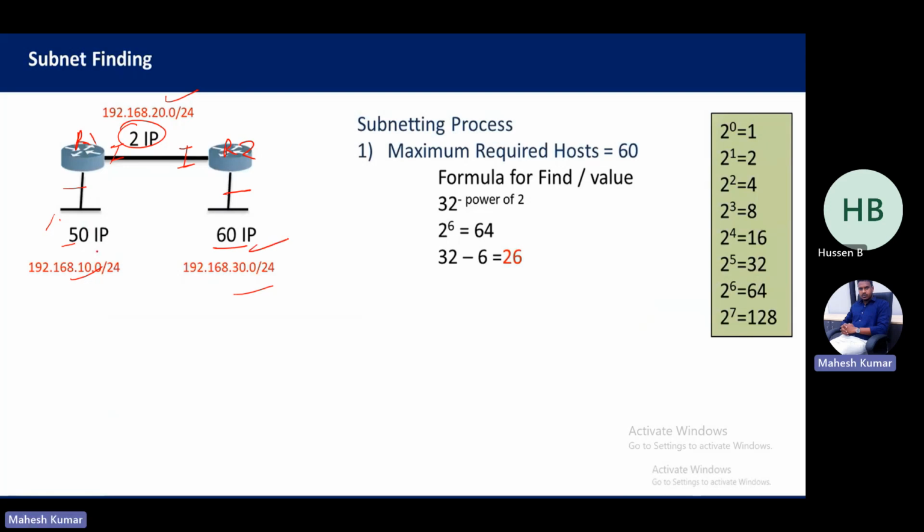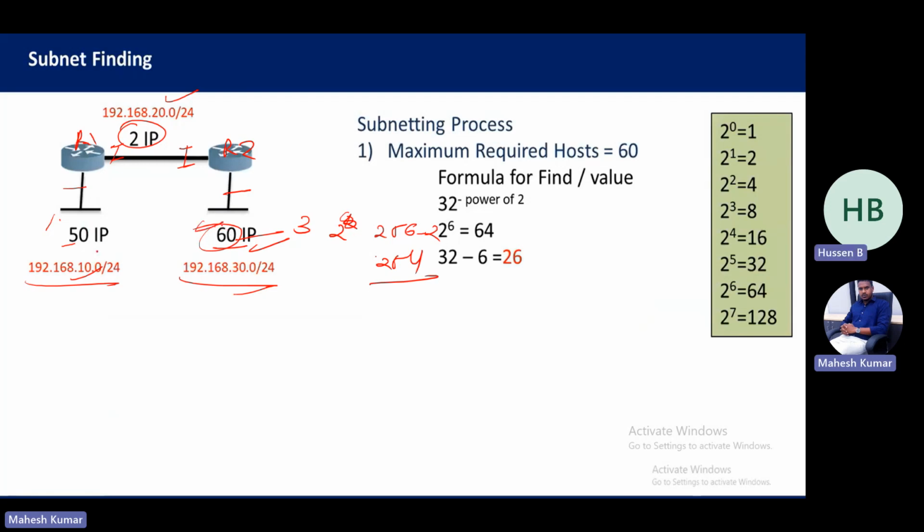For the 60 users I'm using the entire network, and for the 50 users I'm using an entire network too. It is a complete waste of IPs, because I require 60 IPs and I'm getting around 300. What is the total we can get in a class C slash 24? 2 to the power 8, so we get 256, minus 2, so 254 IPs we can use.